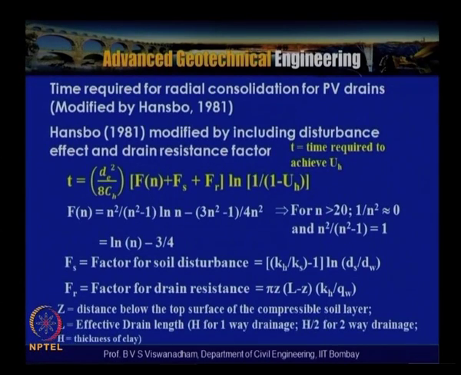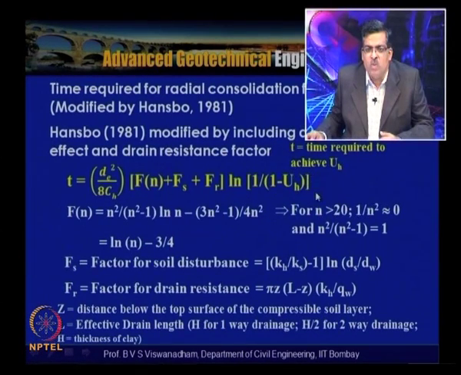So Hansbo 1981 modified the time required to achieve the radial or horizontal consolidation UH. It is given by t = (dc^2 / 8ch) [F(n) + F(s) + F(r)] ln[1/(1 - UH)].